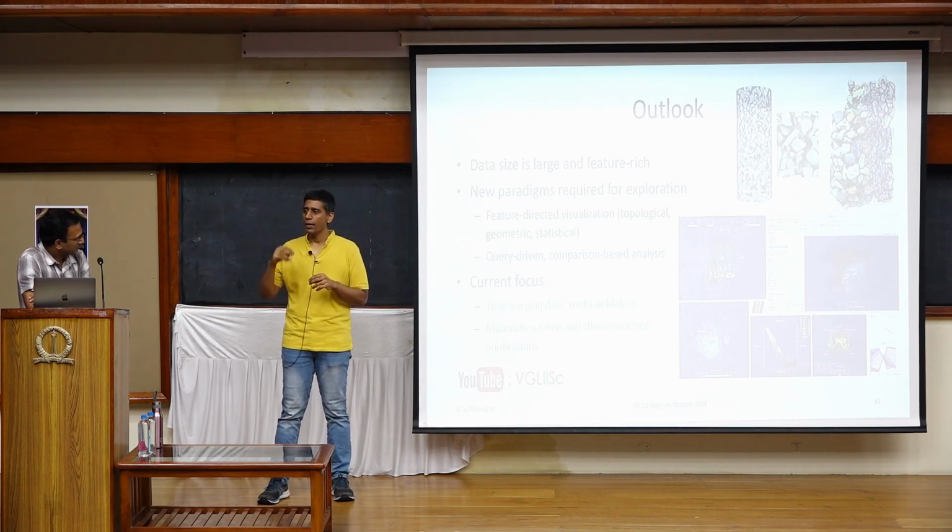And then I can use the size of the feature, which is either the difference in function value, for example, for the contour tree, or, if you think of the mountain analogy, it could be the volume under the mountain, or the area of the base of the mountain, or their equivalent. All that can be used to decide if you want to suppress that particular noise or not, right?